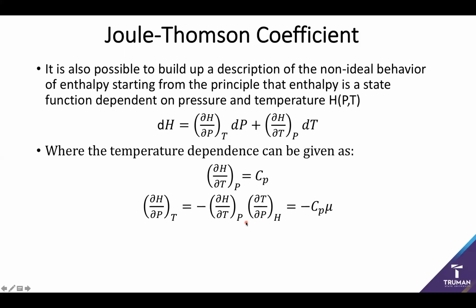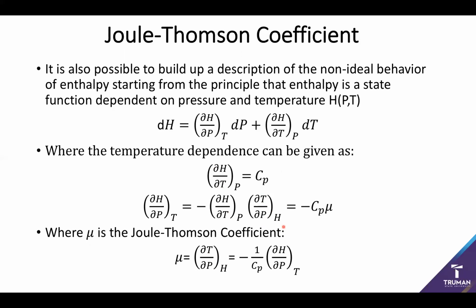Now, it turns out we've already, again, described this first term because that's just our old friend, the heat capacity. Unfortunately, we've also done the classic PChem thing and kicked the can down the road because now I need to come up with a description of the change in temperature with pressure under isenthalpic conditions, which we're going to call the Joule-Thomson coefficient and give a variable of mu.